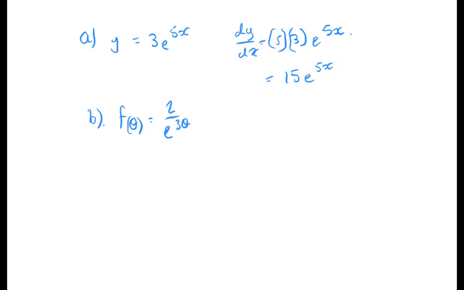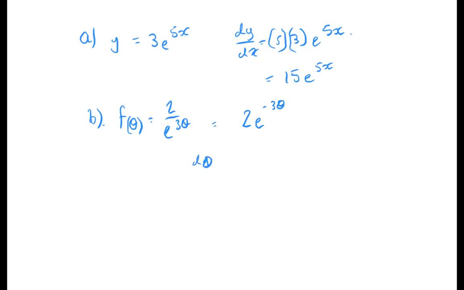Remember what we had to do with the functions last time, where we had x to the power on the bottom of a fraction. We have to write it as 2e to the minus 3 theta. Yeah.